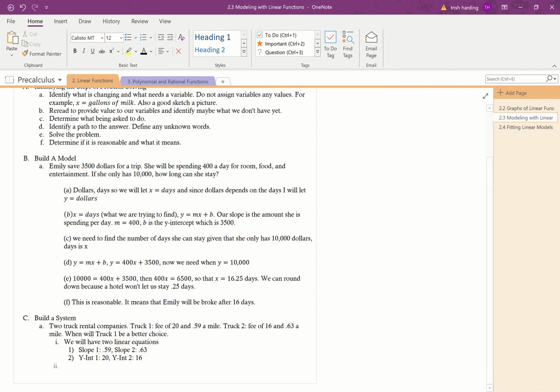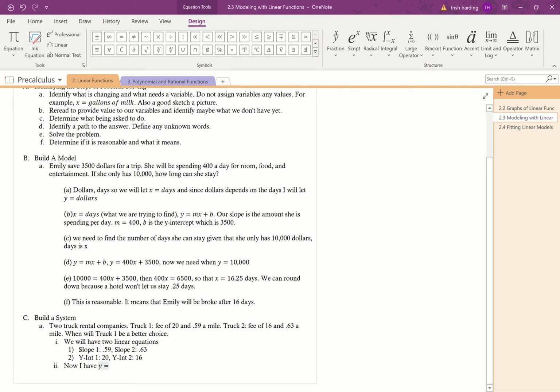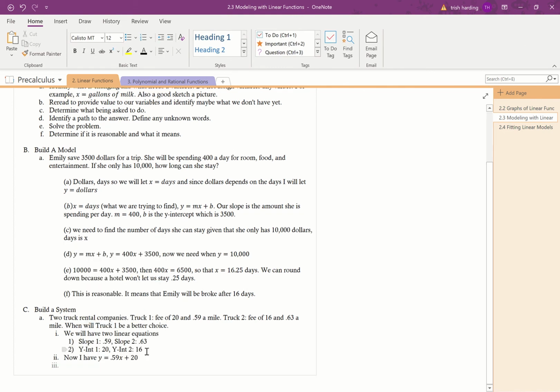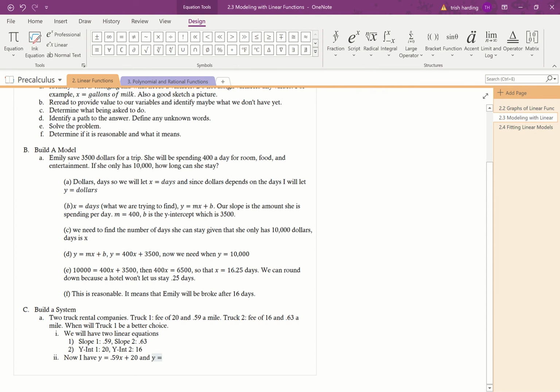So now I have y equals 0.59x plus 20 and I will have y equals 0.63x plus 16. And those are my two equations.